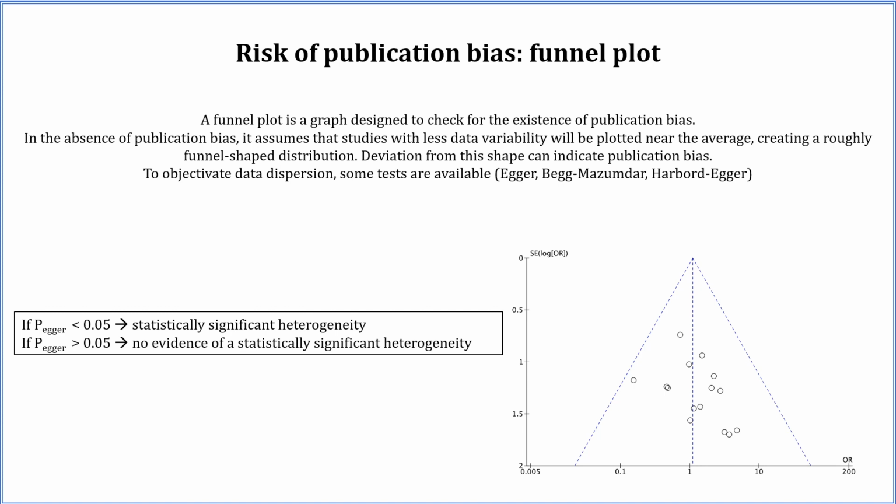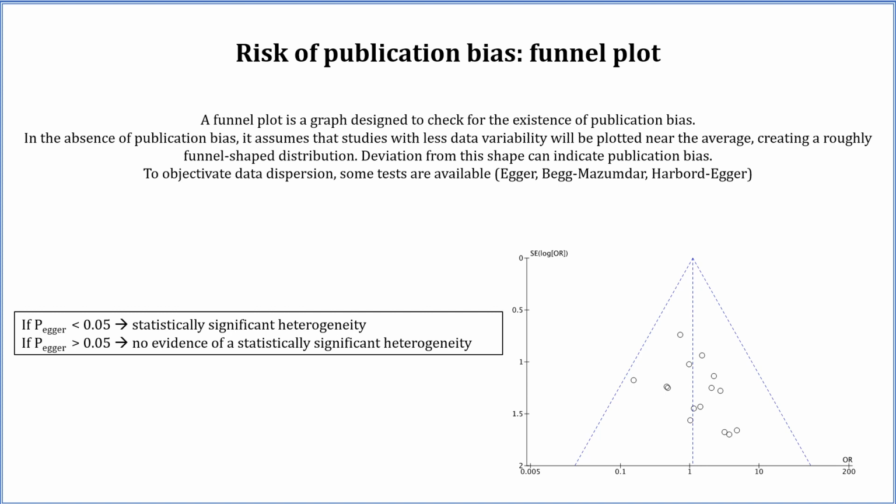If the P of the Egger test is higher than 0.05, there is no evidence of statistically significant asymmetry. This doesn't mean that reference points are symmetrically distributed, but it means that at least there is no statistically significant asymmetry.